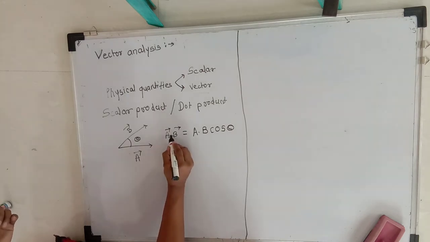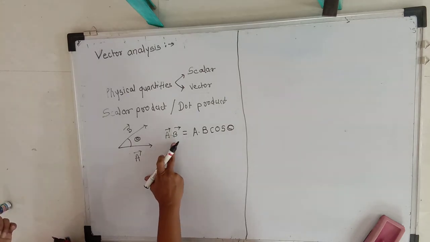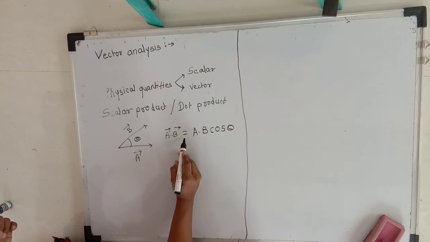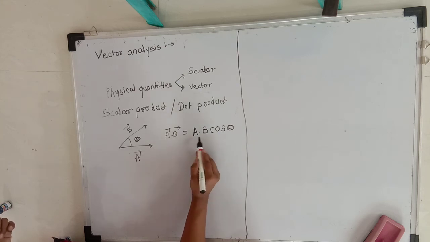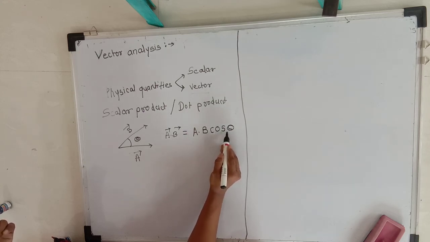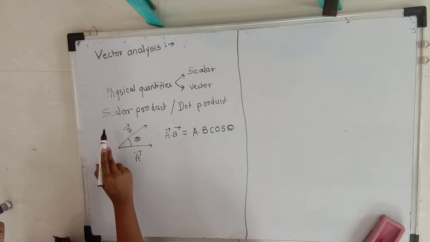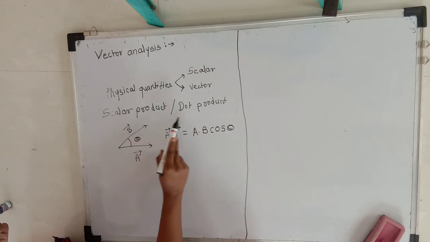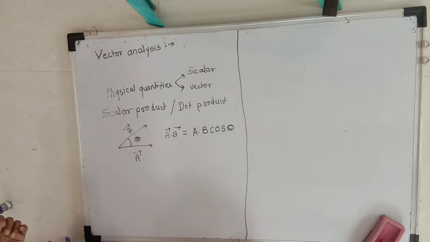The dot product of two vectors is defined as the product of their magnitudes into the cosine of the angle between them. This is the scalar product, or we can say it is the dot product.